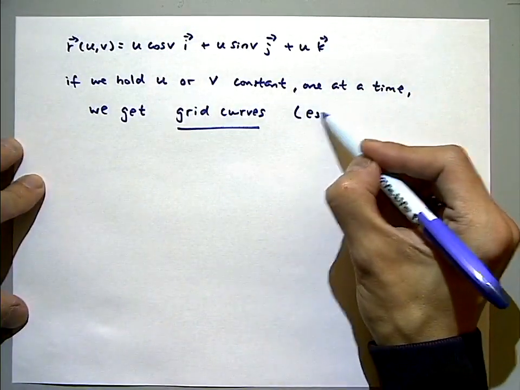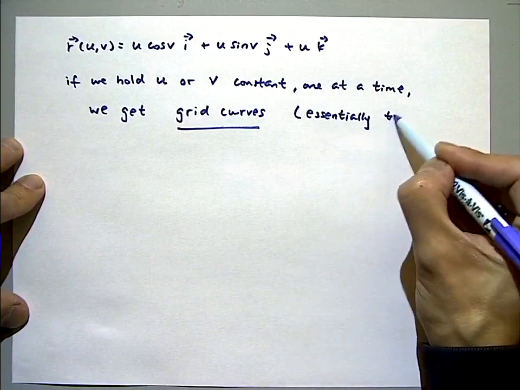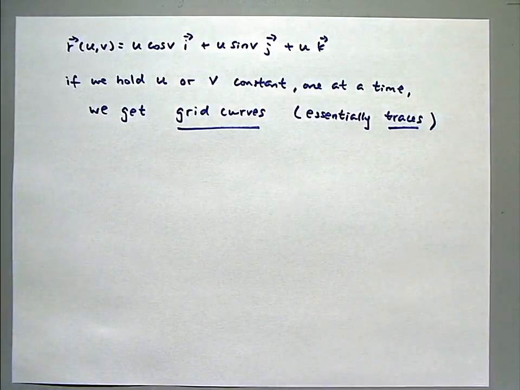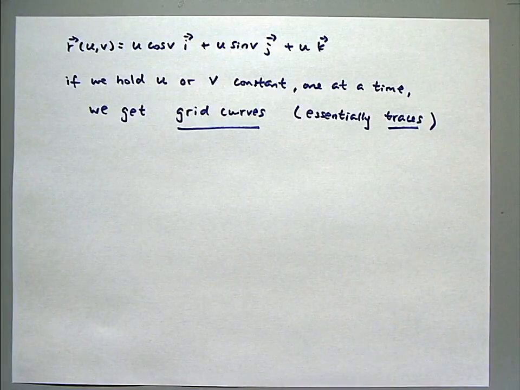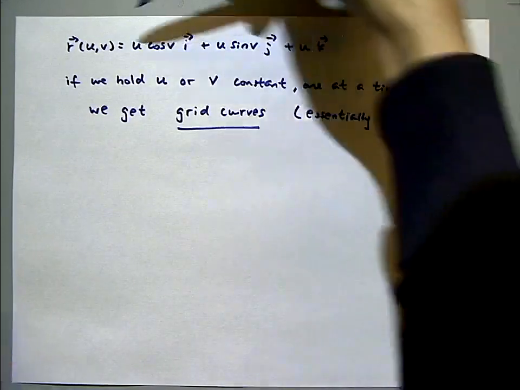These are essentially traces. So think of grid curves as the parametric counterpart of traces, slices of that surface that we have done a lot with. So let's see what we're looking at here.